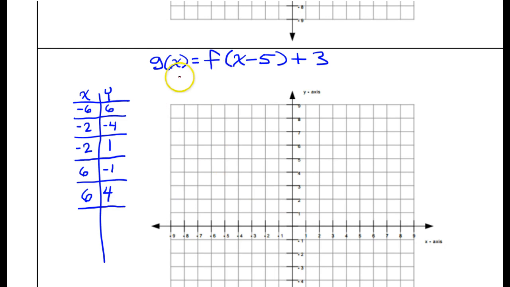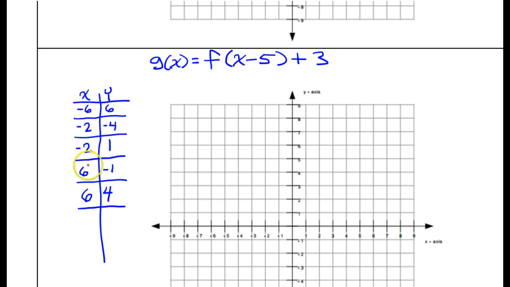Alright, this function with its transformations will be similar but different than the previous two problems. In the previous two problems, the transformations only affected the y values. This time the x values will be affected because of this negative 5. Now, when you have something being added or subtracted inside the function, that is a horizontal shift.